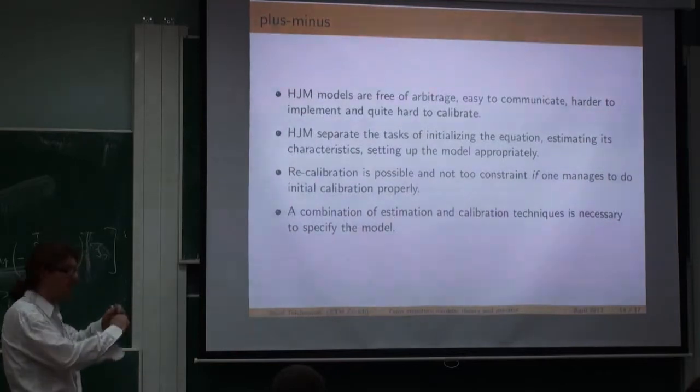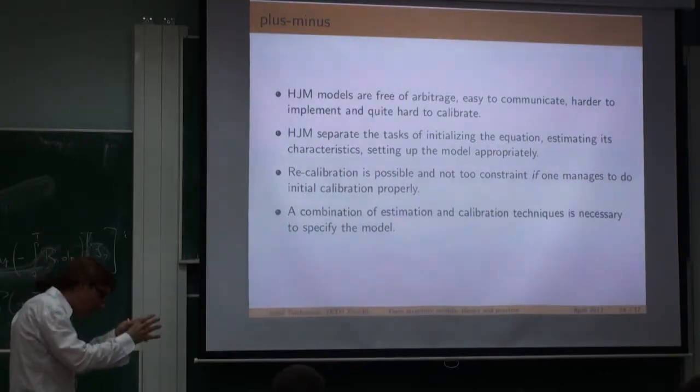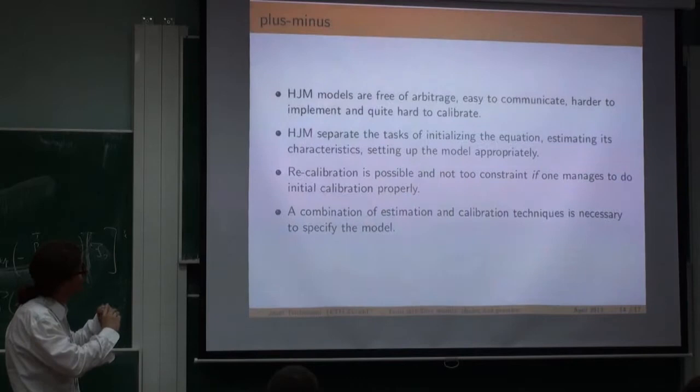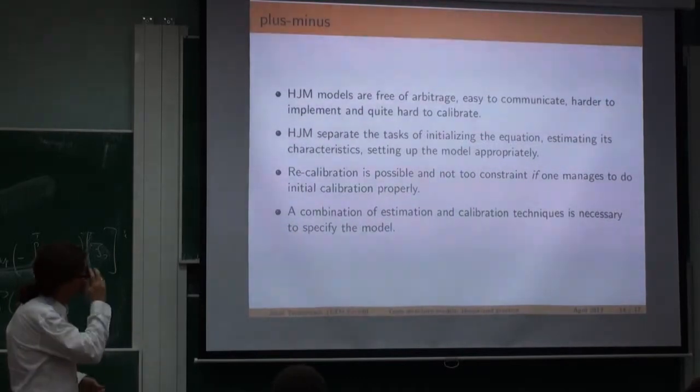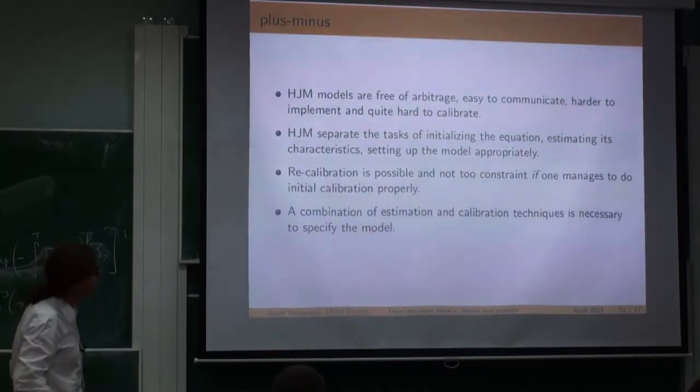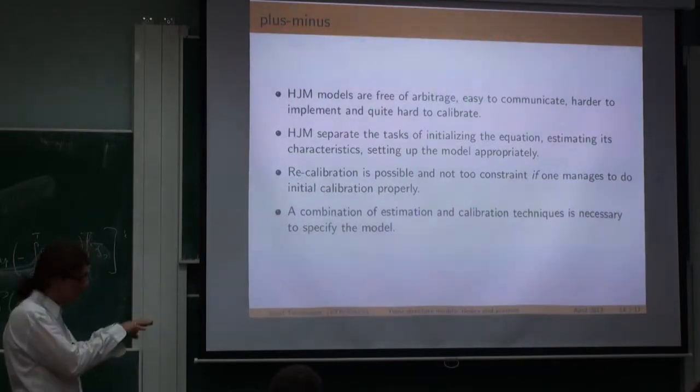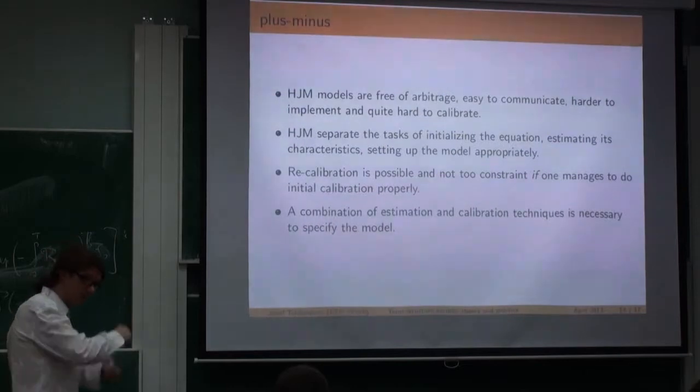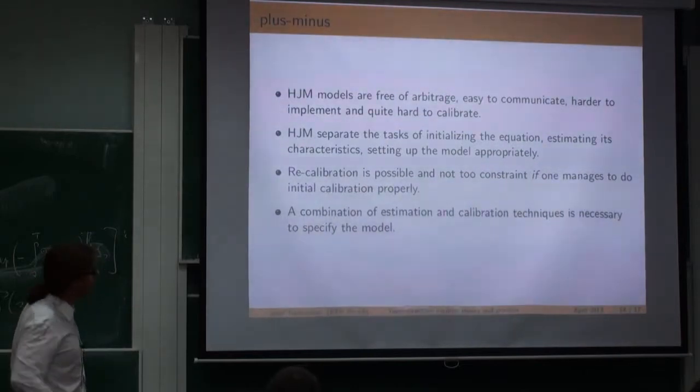Everything is separated. You can do your initial calibration. You can do estimation of the volatility structure. You can even do an estimation of the jump structure. The different estimation techniques do not interfere with each other, such as in the factor problem. But there is a lot of technology and computational technology involved, and this is making it delicate.